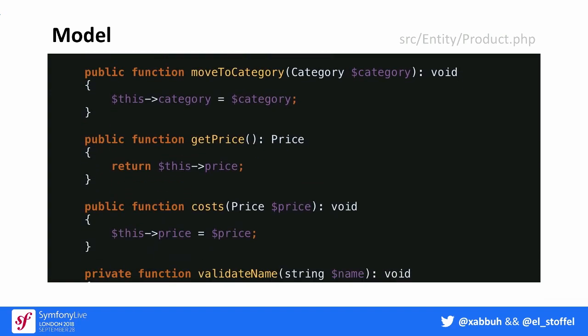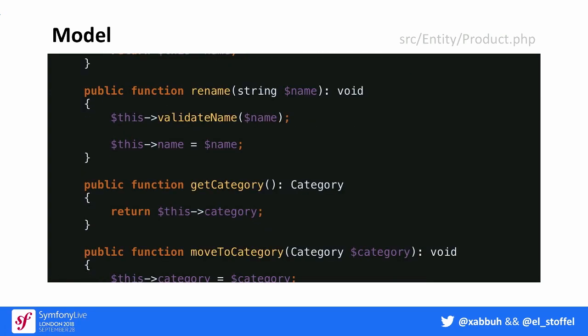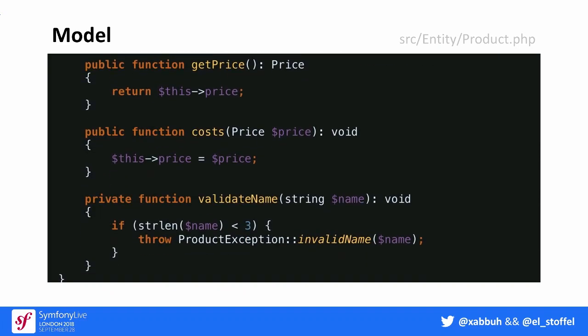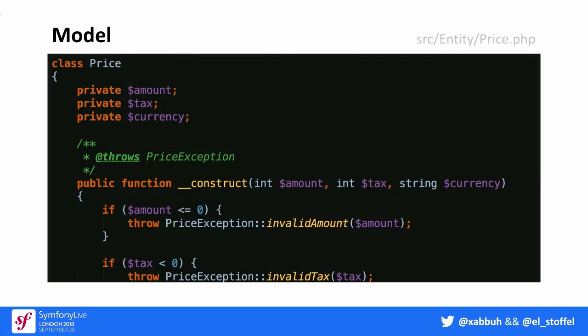Set category is now named moved category here, which feels a bit more like what the user is really doing in this place. And here's our validate name method. Sorry, it's quite simple. We just check that the name is at least 3 characters long, but this could be more complex, of course, depending on what your domain is about.